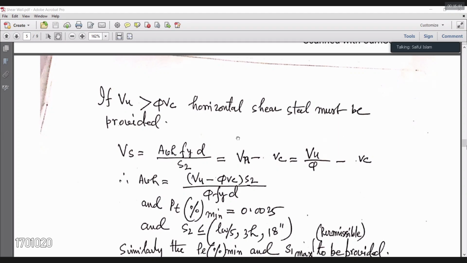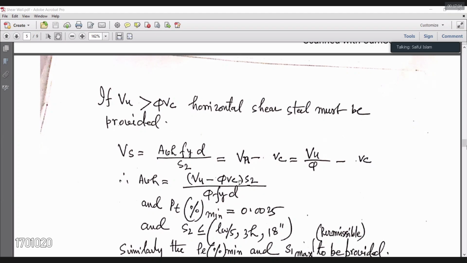So Vn can be written as Vu by φ minus Vc. From there, we can get the expression for Av, or amount of steel, shear steel in horizontal direction, is (Vu minus φVc) S2 divided by φ fy d.